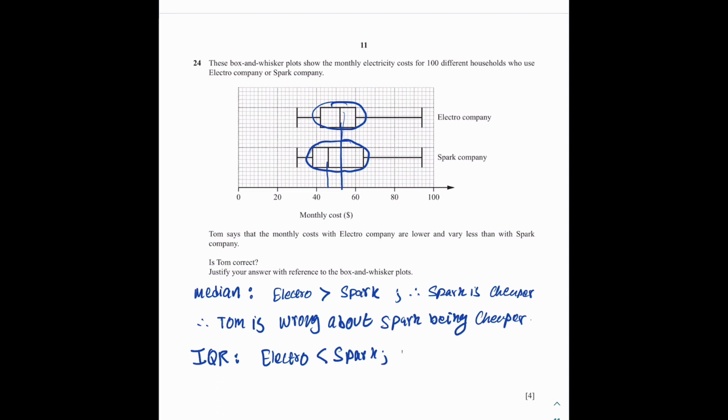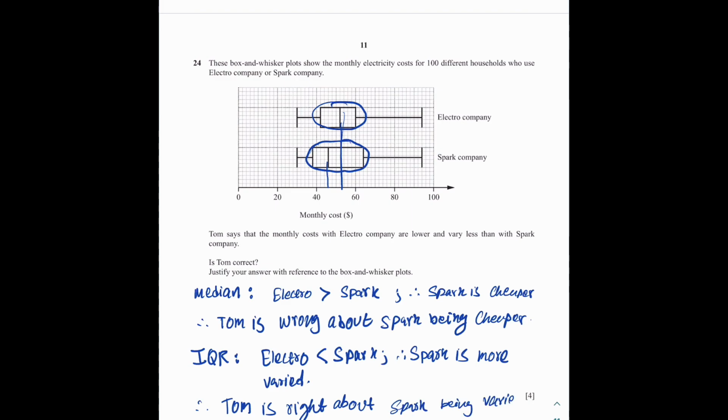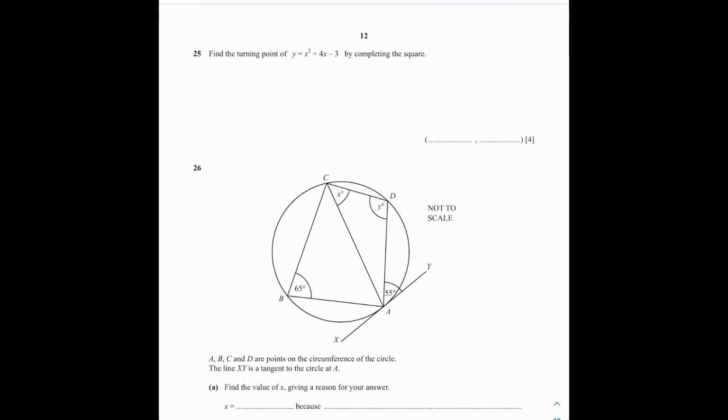That basically means that Spark is more varied. So therefore, Tom is right about Spark being varied. Okay, cool.